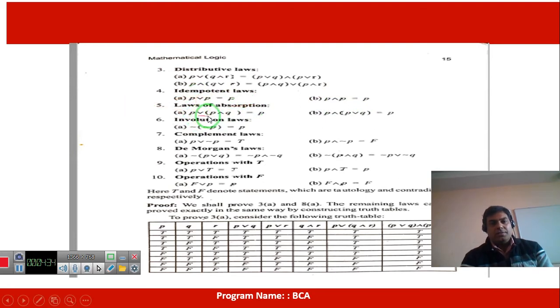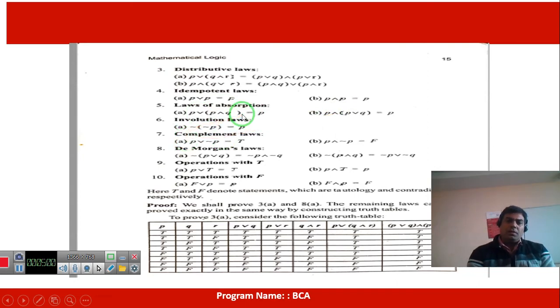So p disjunction (p conjunction q) equals p, so q has been vanished. This is called absorption. If you change conjunction to disjunction and disjunction to conjunction, this is called the law of duality.